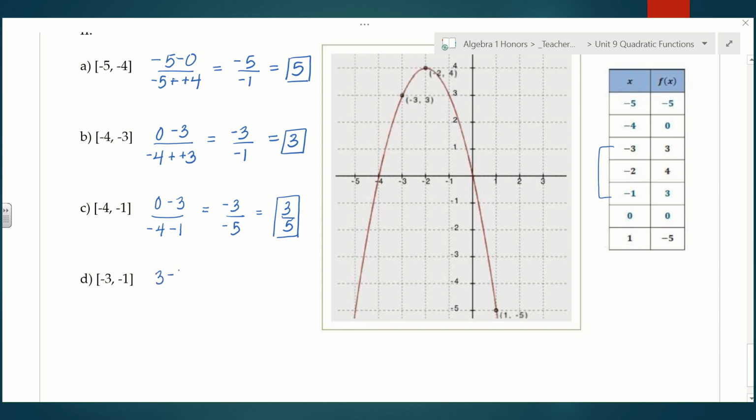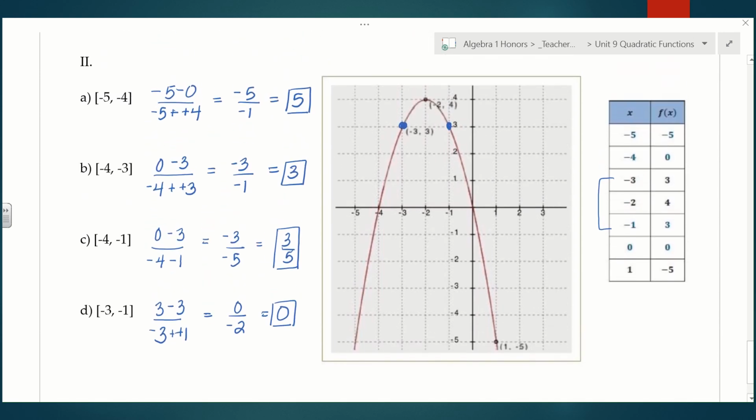On the top, 3 minus 3. On the bottom, negative 3 minus negative 1, which is 0. Again, that's an interesting one to look at. When x is negative 3, I'm right here. When x is negative 1, I'm right here. And again, there's your 0 rate of change.